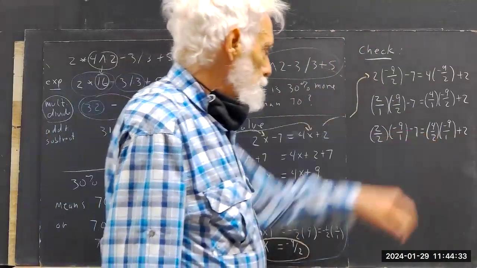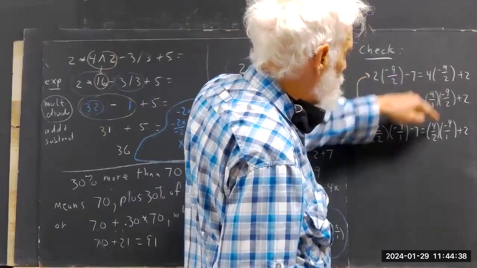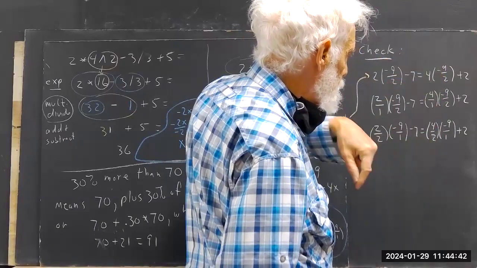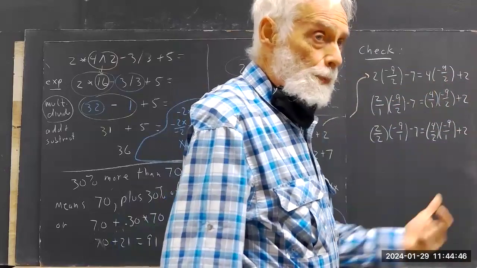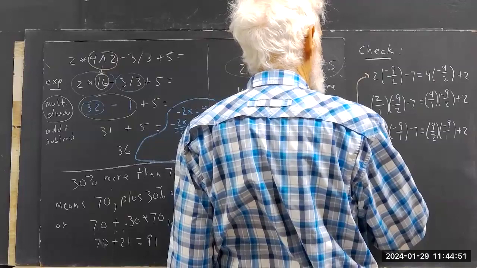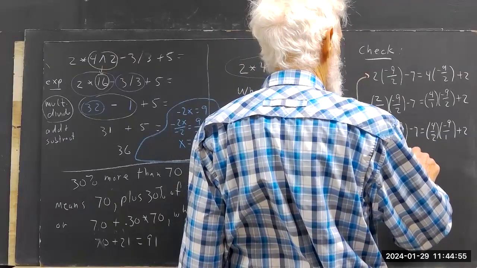And I did it over here too. Same numerators, same denominators. 4 times negative 9, 4 times negative 9, there's your numerator. 1 times 2 or 2 times 1, it's the same thing in the denominator. In this form, 2 over 2 is just 1, and negative 9 over 1 is negative 9.